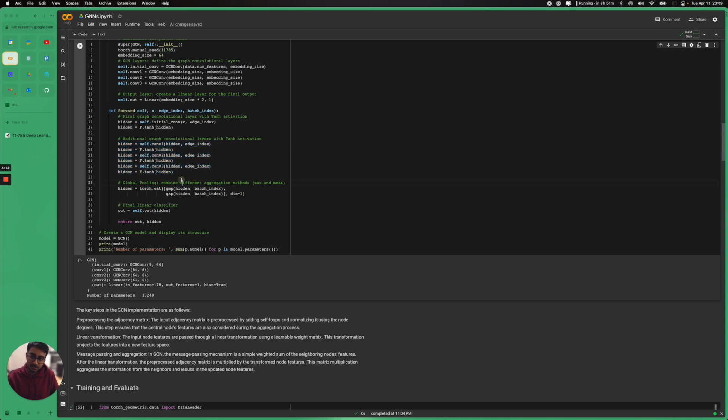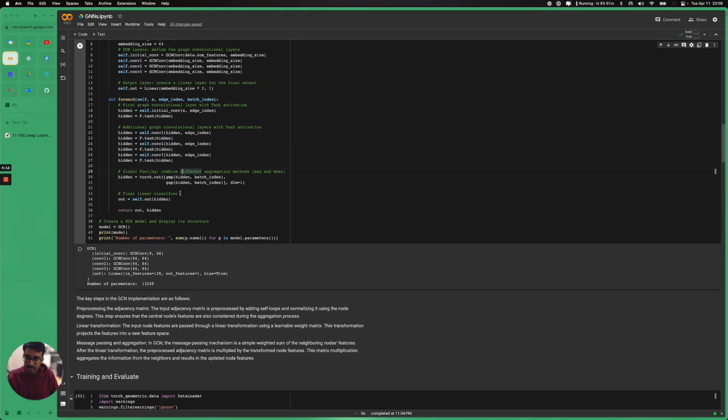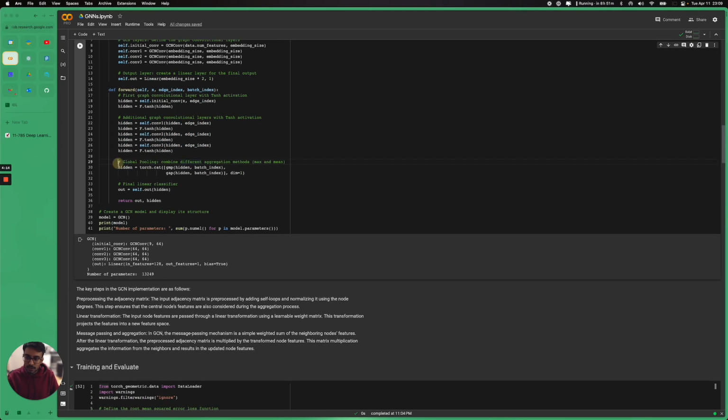You pass it through these convolution layers and activation layers, and then you usually do a global pooling. Basically, you aggregate all of these features that you got from the convolutions together, and then finally project it as you would in a regular image. As you did in homework 2, the goal was to pass your image through a bunch of convolution layers, pool it down, and then project it to a number of classes. That's the exact same thing we're doing here, except the convolution layers are graph convolution layers using PyTorch Geometric.